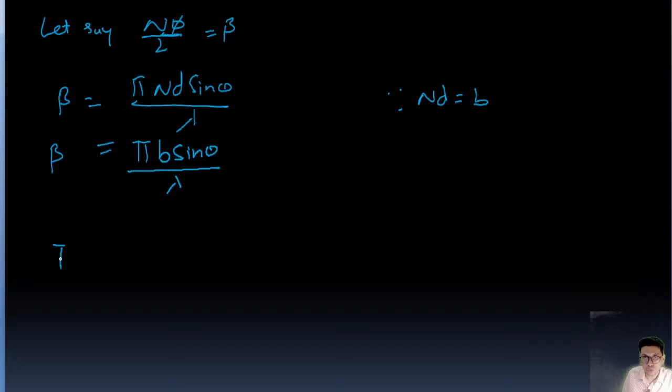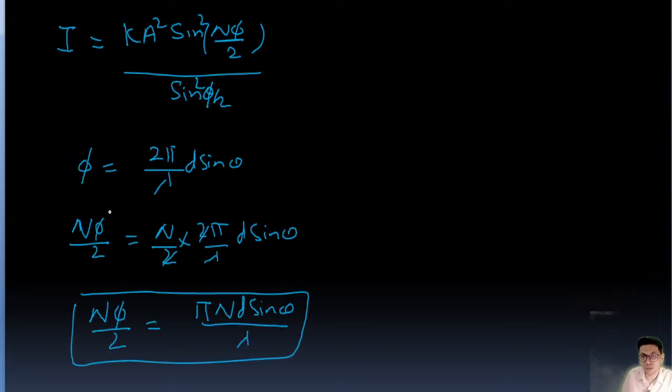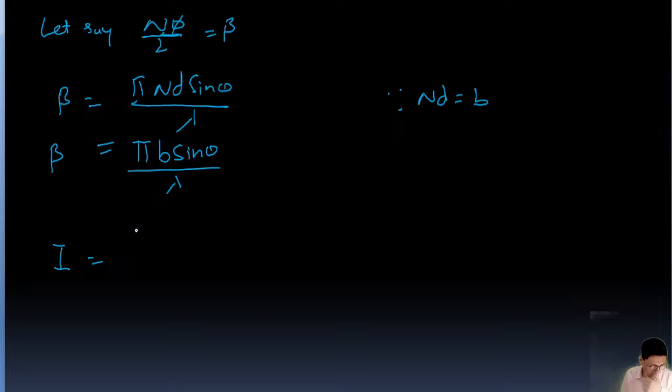Okay, so now we'll put the value of I. In place of n pi by 2, I will put beta. So this is going to be k a square sine square beta upon (theta by 2) whole square.